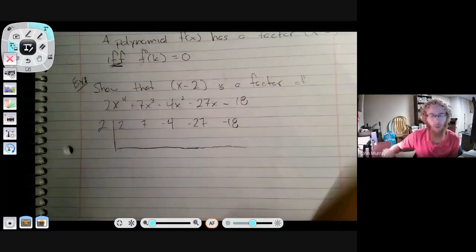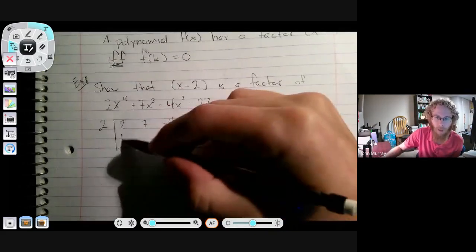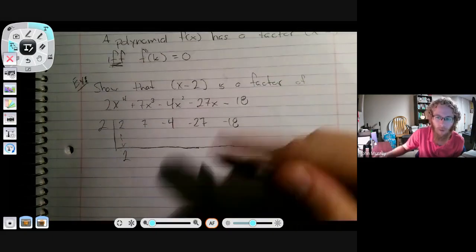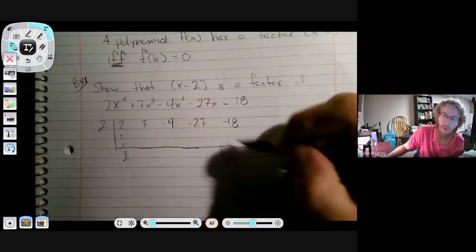All right, and we do our synthetic division. So again, these numbers out front don't necessarily matter right now. Okay, I'm just looking for this number here.